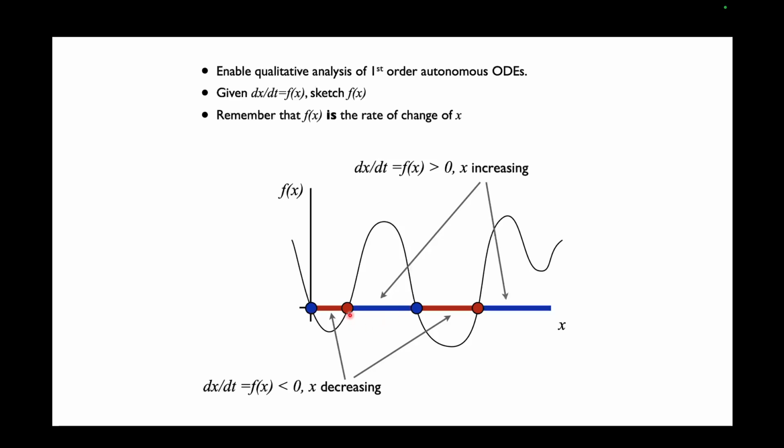But remember, your dx/dt and x is what you are plotting here. Everywhere your y is 0, that is basically your x-axis. So every point at which f(x) or dx/dt is equal to 0, these points are denoting your steady states, just to be clear.